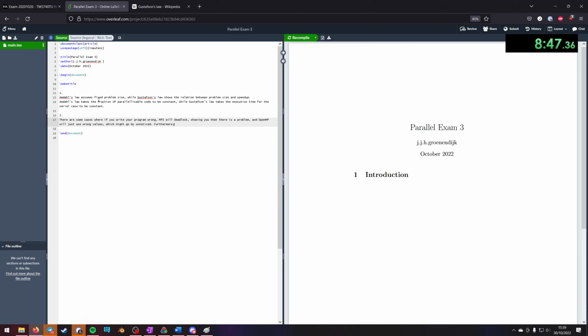Furthermore, a developer might simply prefer MPI. Can you use OpenMP in Fortran?